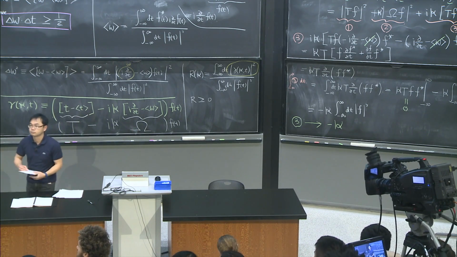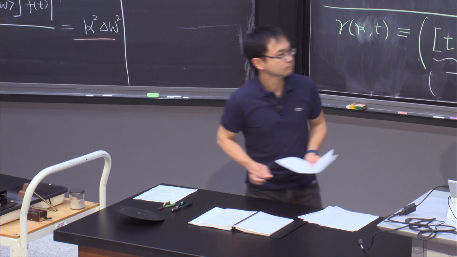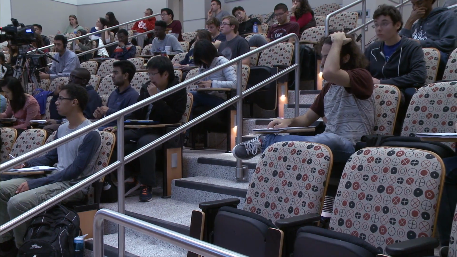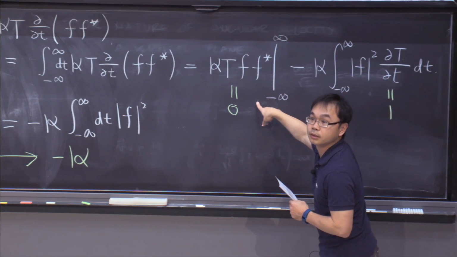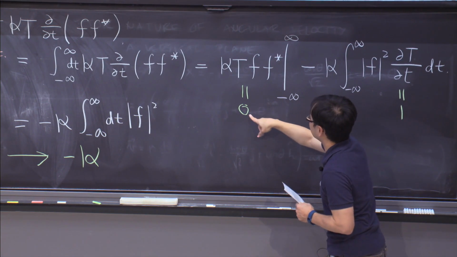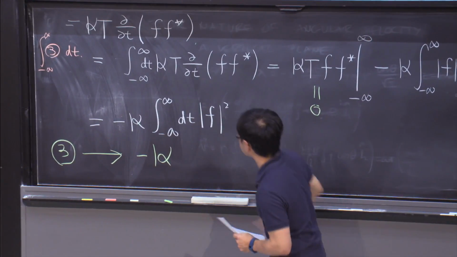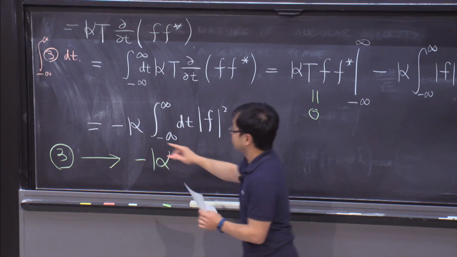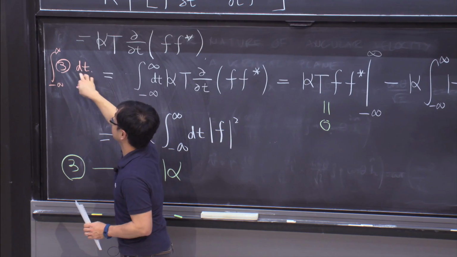Yeah. Why does the integral from negative infinity to infinity dt f squared equal 1? Oh, this one? Yeah, the one underneath. Oh, this is actually equal to 0, right? Oh, here. I see your point. So this is actually the integral from minus infinity to infinity of number 3 dt.